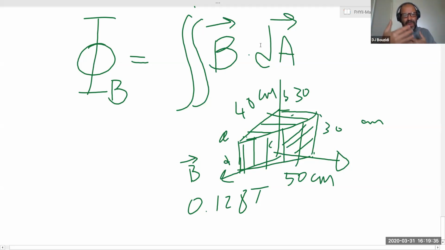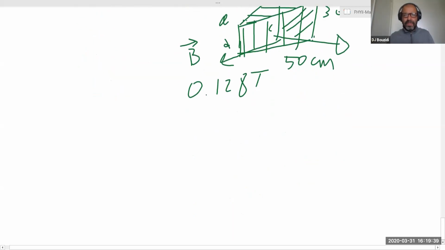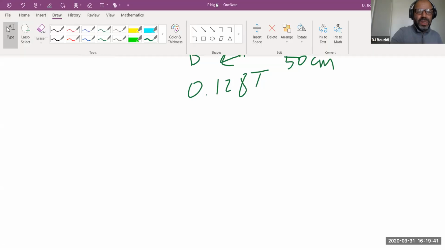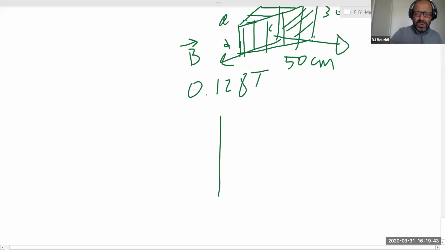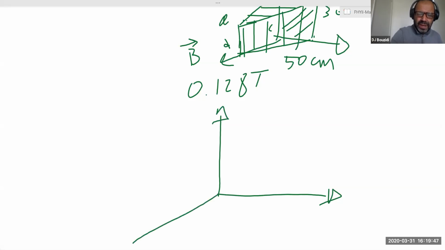You guys see the picture, or should I redraw it? I want you to draw it too while I'm doing it. So this is the x-axis, the y-axis, and the z-axis.